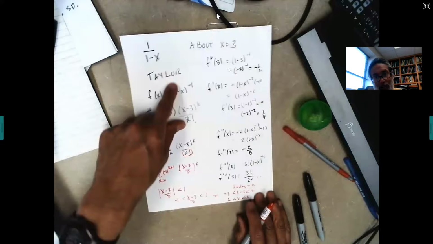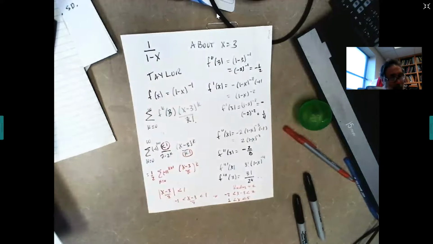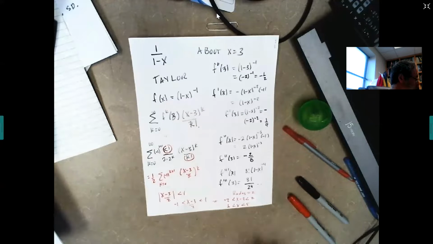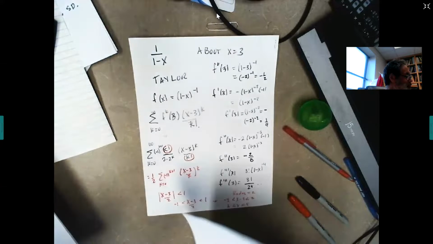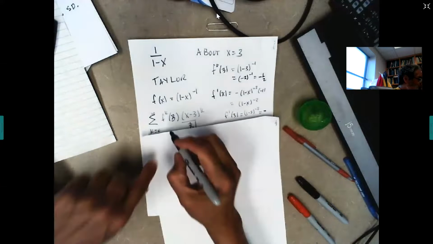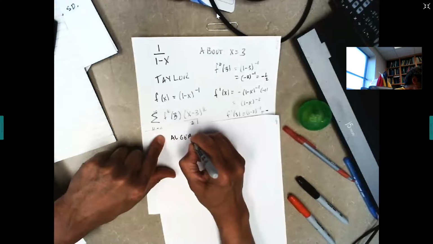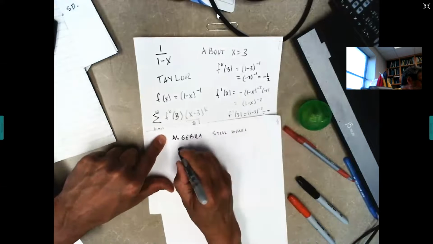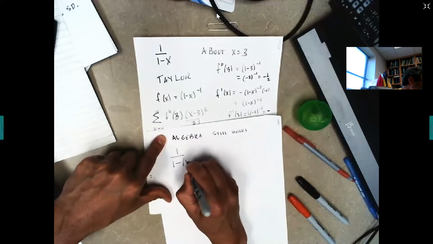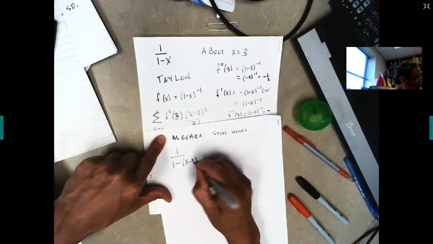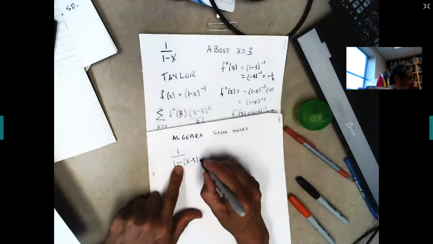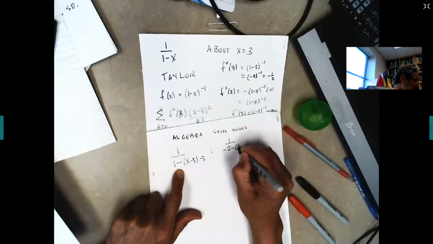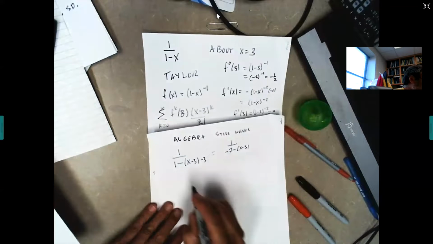Now notice this was a different way of doing this. This was method 2 with Taylor's theorem. Now you could have done algebra here. Algebra also works. If you write a minus 3 here, that's the same thing as adding 3, so you better subtract 3. Then you better divide out by negative 2.